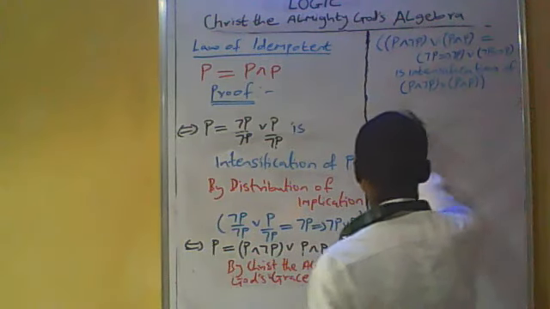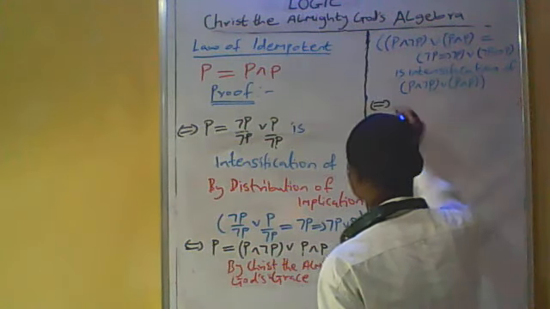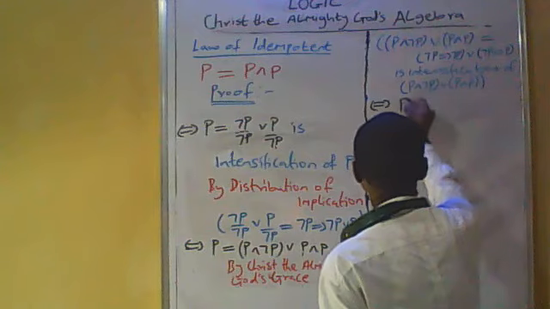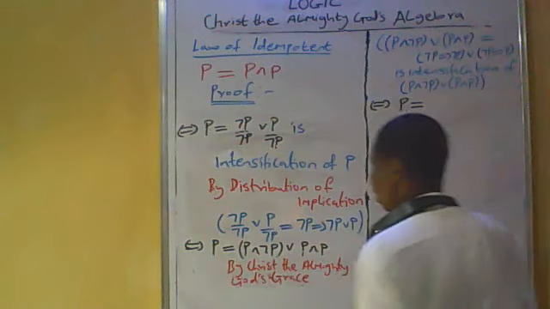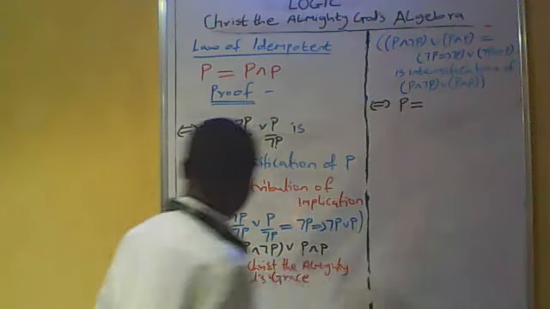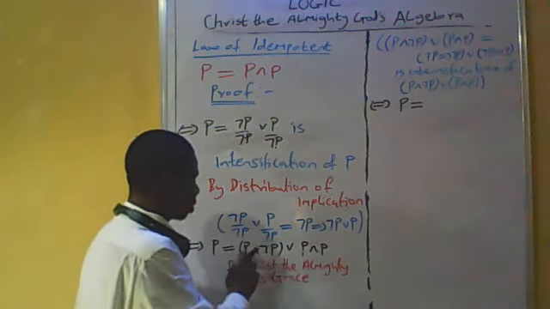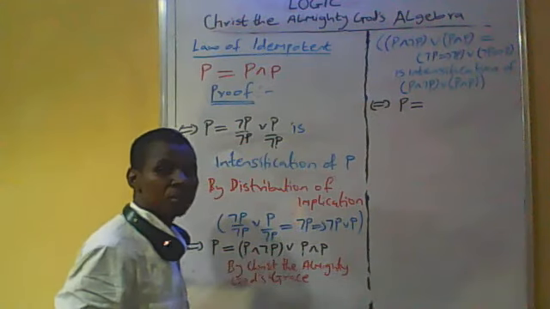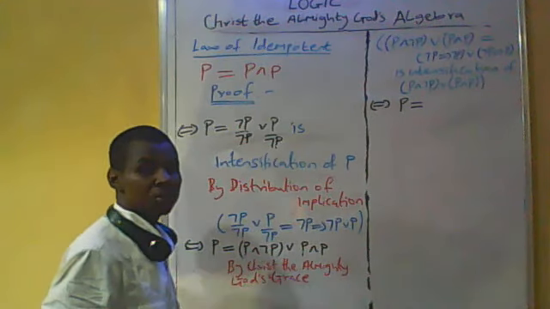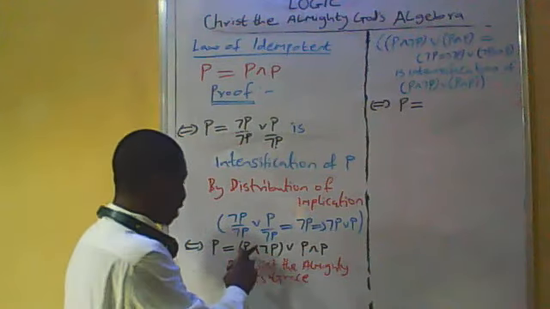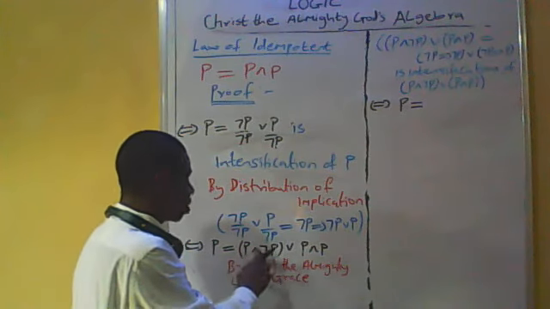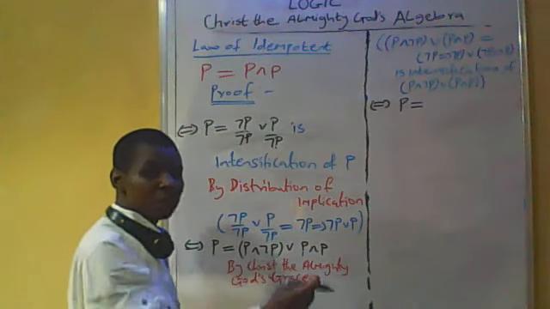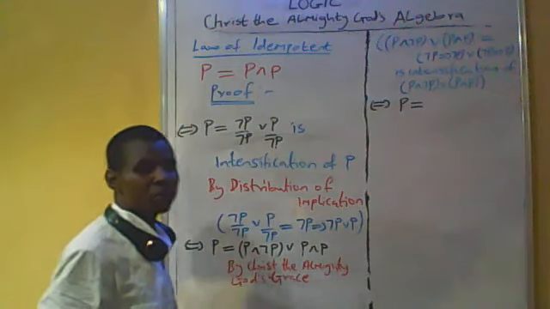If and only if P is equal to... now you see that this P and not P is equal to F. I mean, it's equal to falsity. That is to say that this P and not P is F, being justified by the law of complement.